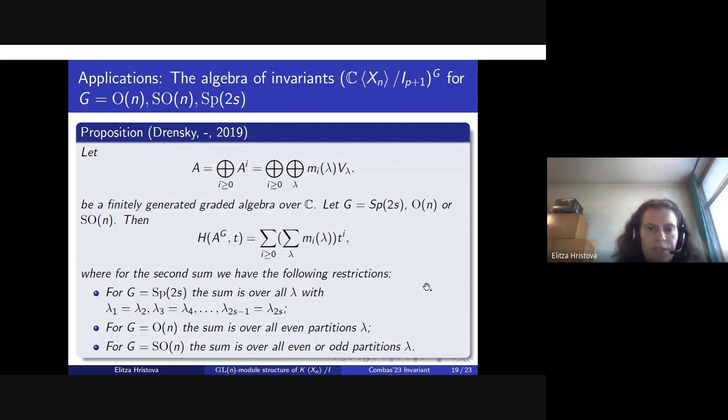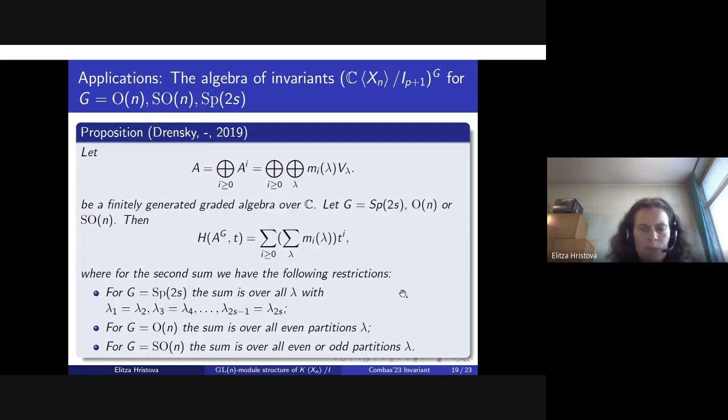And again, the main point is that if we take an irreducible GL_N module V_lambda, then it has a one-dimensional Sp invariant subspace if this condition on lambda is satisfied. And it has a one-dimensional O_N invariant subspace if this condition is satisfied, and so on.